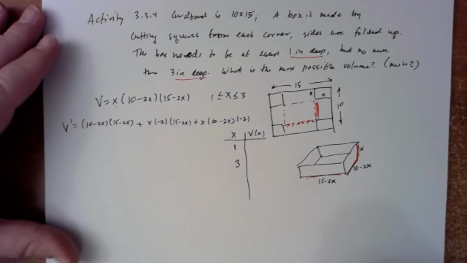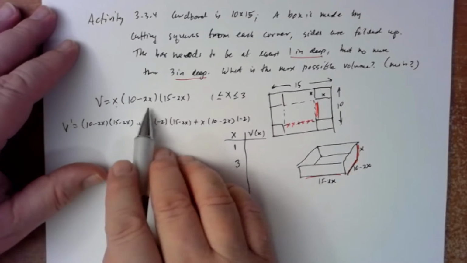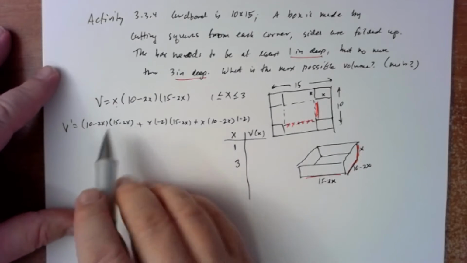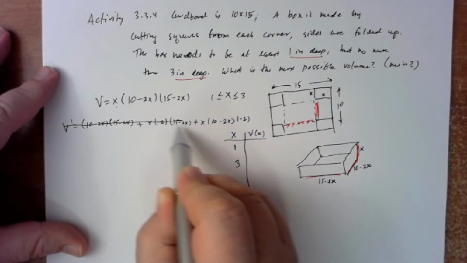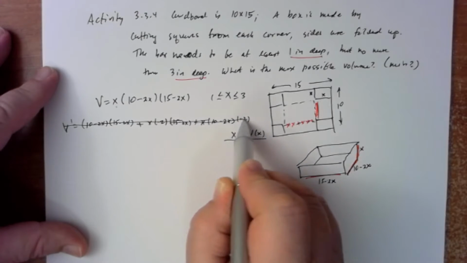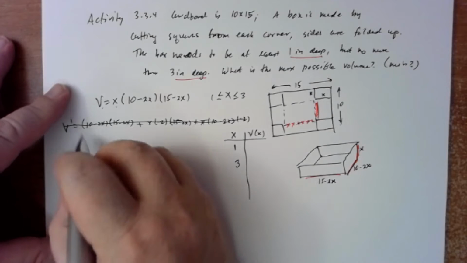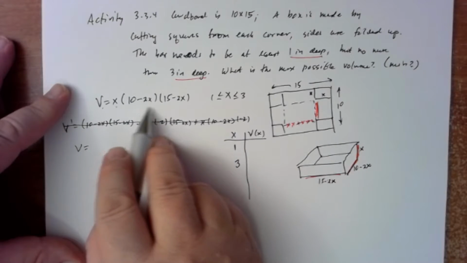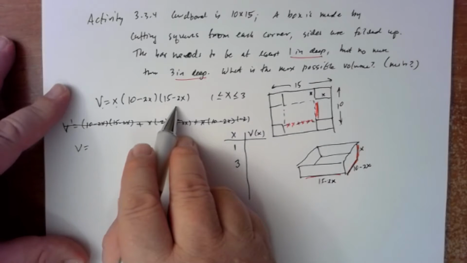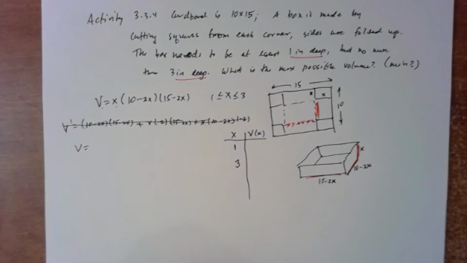Looking at the algebra, I think it actually would have been easier if we had simplified our V first, so let me redo that. You could do it this way, but the algebra is just a little bit messy. If I multiply this out, this is 10x minus 2x squared, and then if I multiply it by 15 minus 2x, I get something a lot simpler.